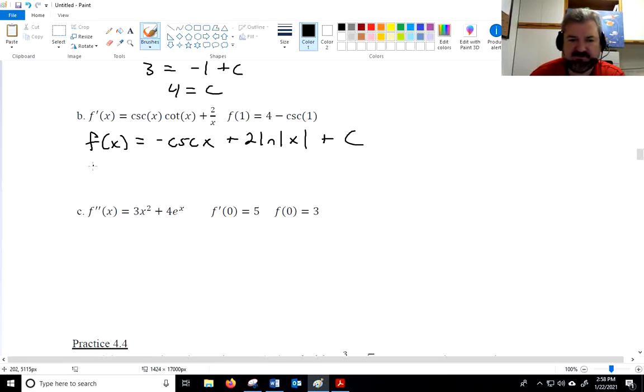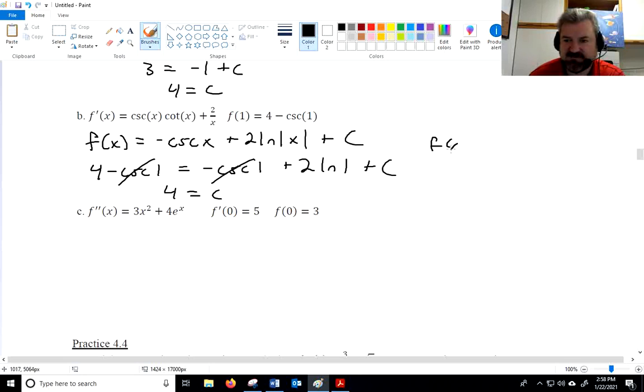So I'm going to put 4 minus cosecant of 1 where f of x is, and I'll put 1 where x is. Well, the natural log of 1 is 0, and those can just cancel out. So what we get is 4 equals c. So our answer is f of x equals negative cosecant x plus 2 times the natural log of the absolute value of x plus 4.